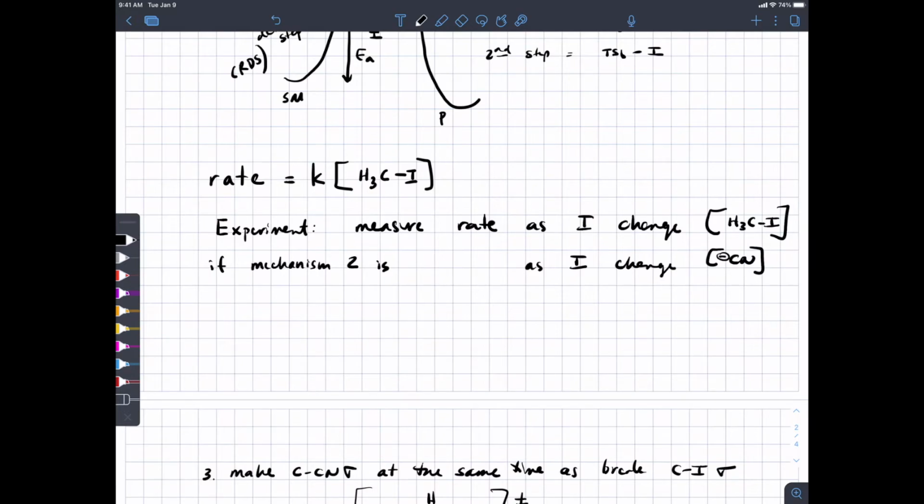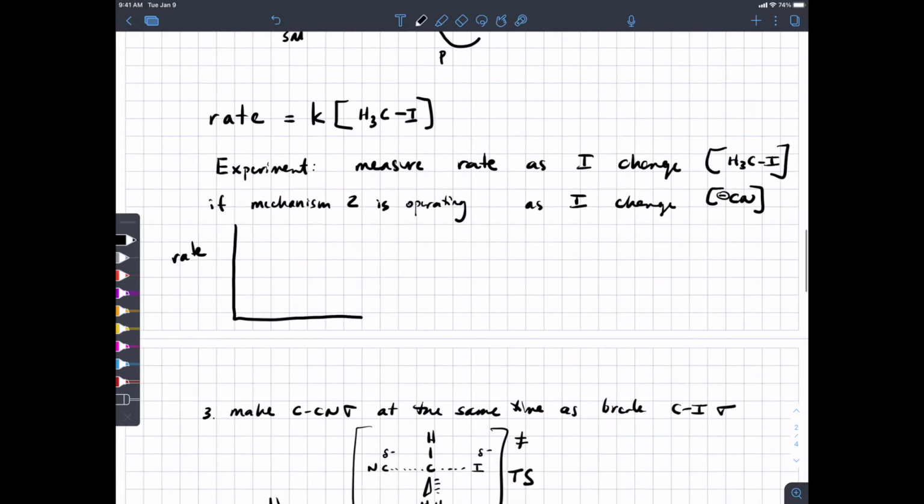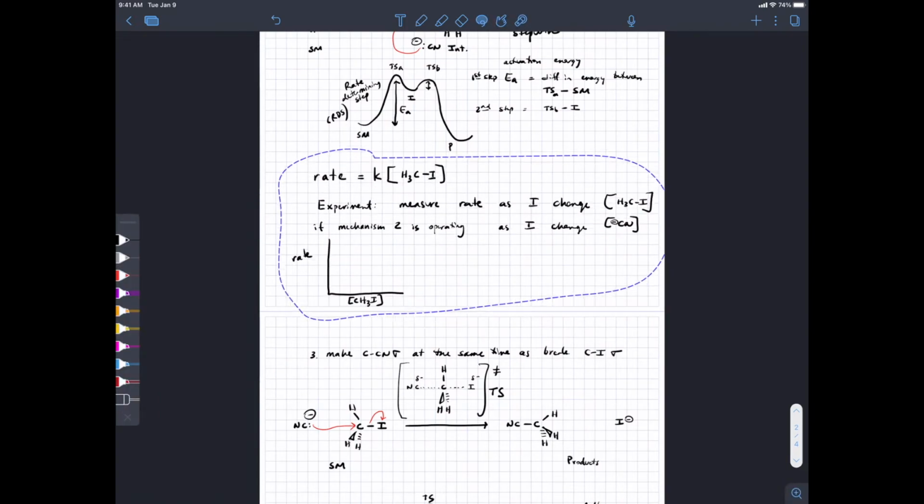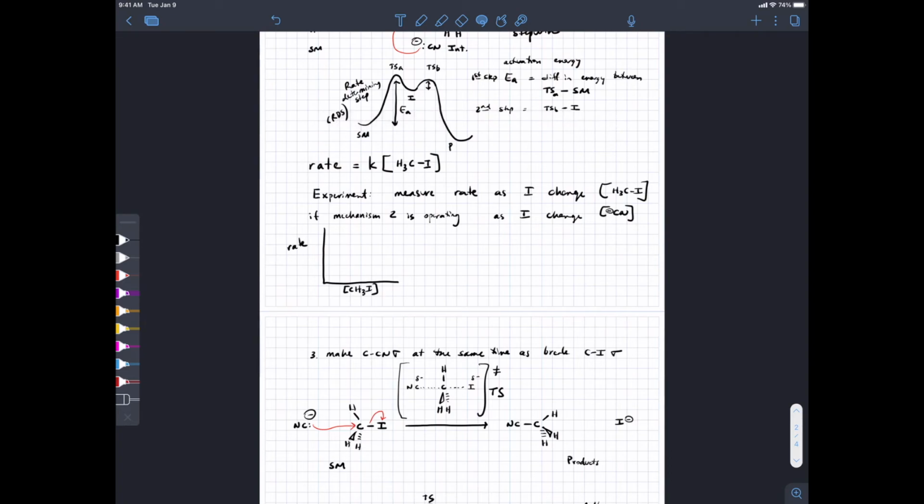If mechanism 2 is operating, if that's the one the reaction's going through, what do I expect to see if I plot rate versus concentration of methyl iodide? What does my rate law tell me? Yeah, a straight line, linear, right? The rate is linearly related to it.